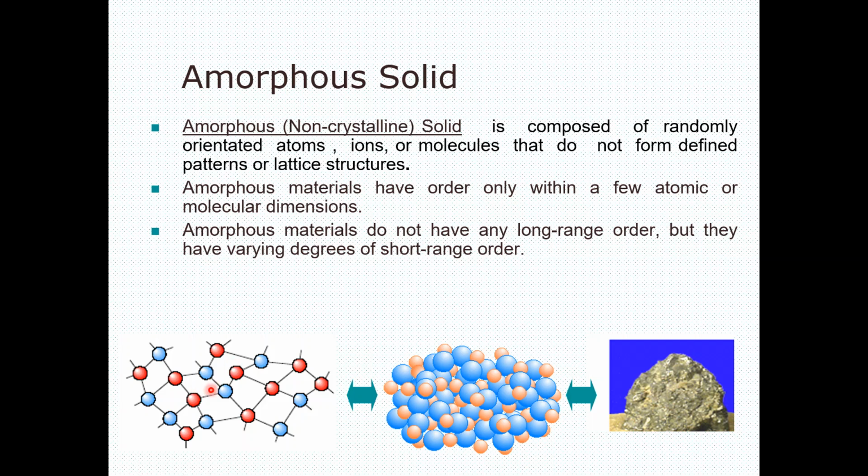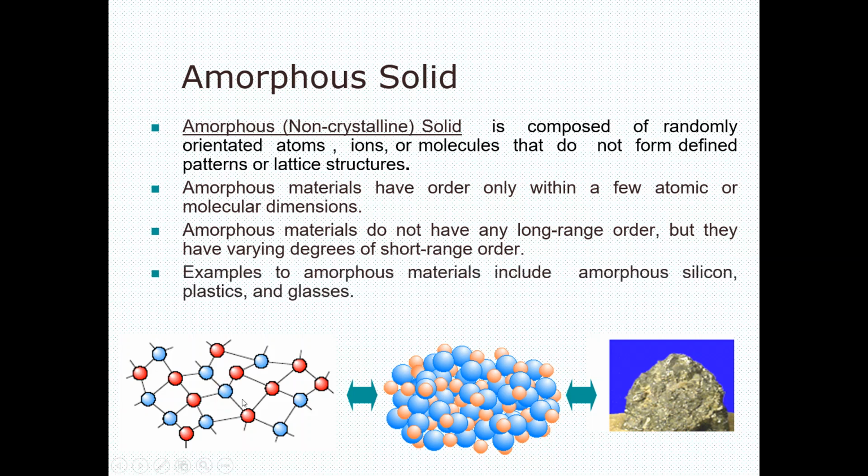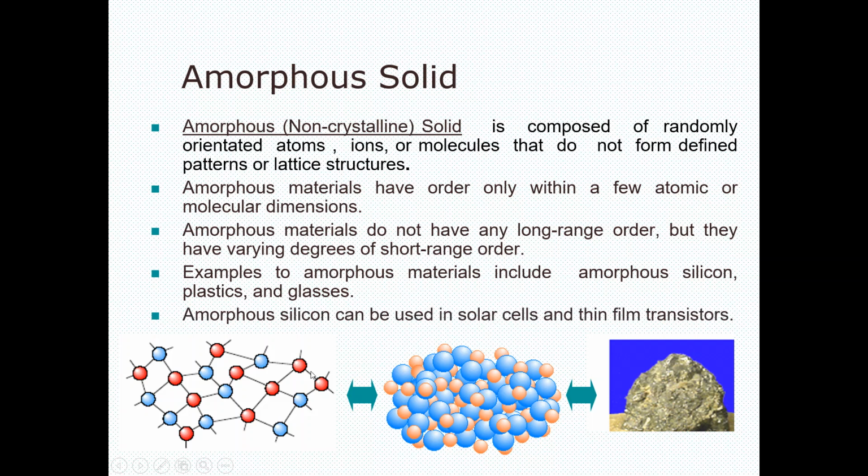We can see some short range order, within 2 or 3 atoms or molecules, but remember this is not long range order, and they have varying degrees of short range order. Examples of amorphous materials include amorphous silicon, plastic, and glasses.